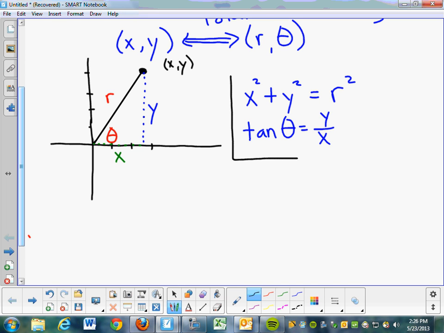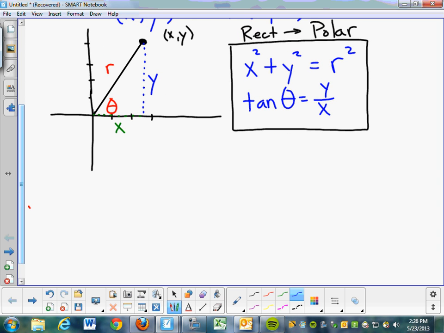Does everybody see where I got those from? That's just basic right triangle trig. That's back from geometry, freshman, sophomore year. Yeah? Covered it again this year. This is what you do to go from rectangular to polar. You can read your book. You'll see the same thing in there.